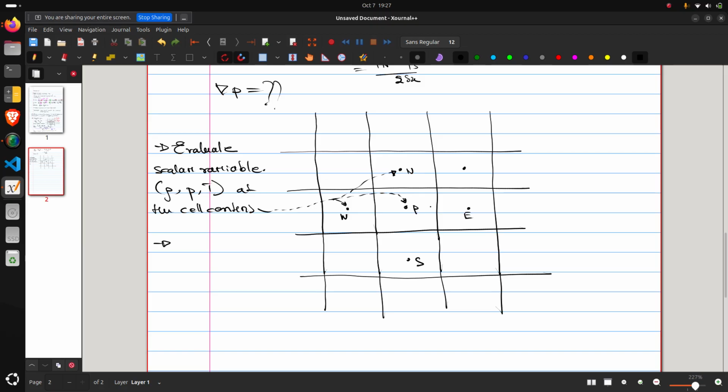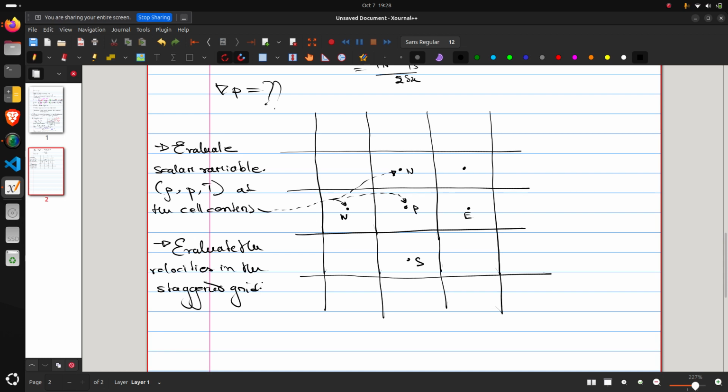This is the original grid, and there will be another grid which is called the staggered grid. So now we will see how to construct the staggered grid. For each of the velocity components there will be one staggered grid.